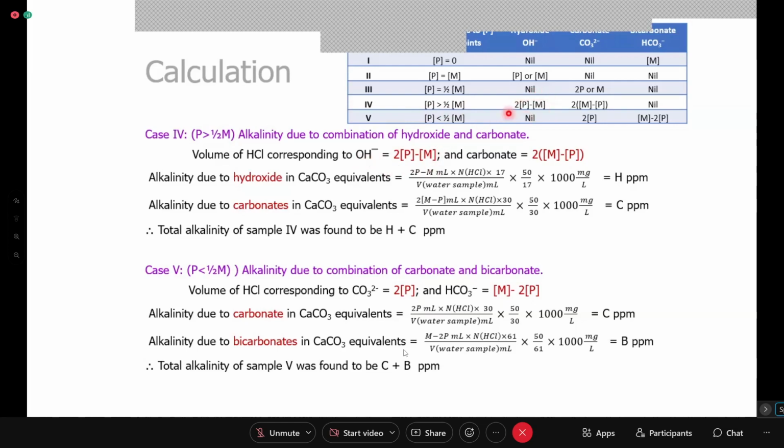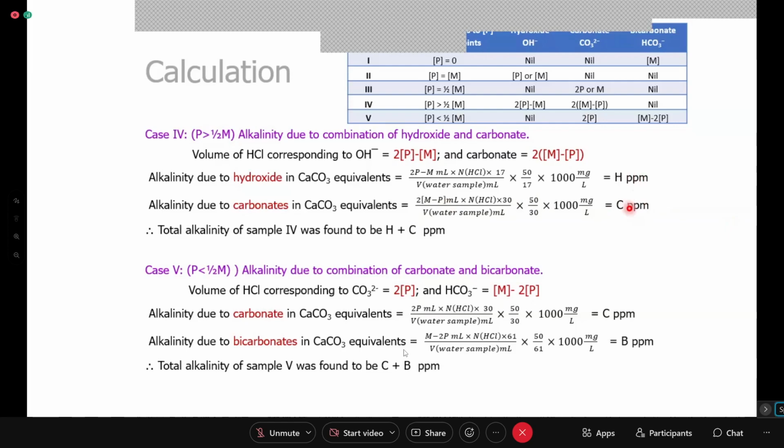It is 2P minus M. Whatever your P and M endpoints, find out the volume corresponding to hydroxide, and that volume you will put into this formula, into normality of HCl into 17 upon the volume of water sample taken. You get hydroxide alkalinity. Then for carbonate, twice M minus P is the volume of HCl, normality of HCl, water sample, 30 into 50 by 30, you get carbonate alkalinity in ppm CaCO3 equivalents.